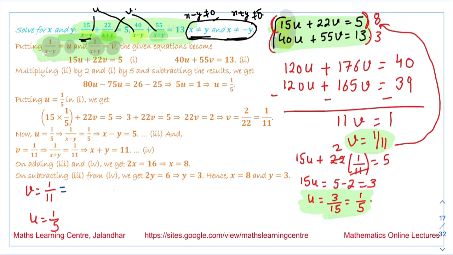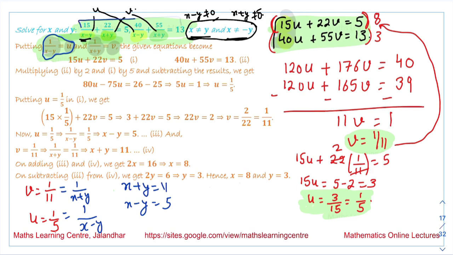We substituted u for 1 over x minus y, and v is 1 over x plus y. So what we get is x plus y equal to 11 and x minus y equal to 5. So the given system of equations is reduced to this linear form.